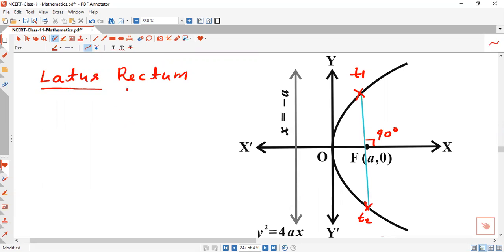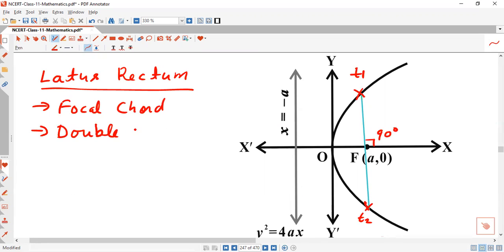The latus rectum, number one, is a focal chord because it passes through the focus. Second, the latus rectum is also a double ordinate because it is perpendicular to the axis of the parabola. Third, for these two points T1 and T2, what are the values? T1 equals 1 and T2 equals minus 1.